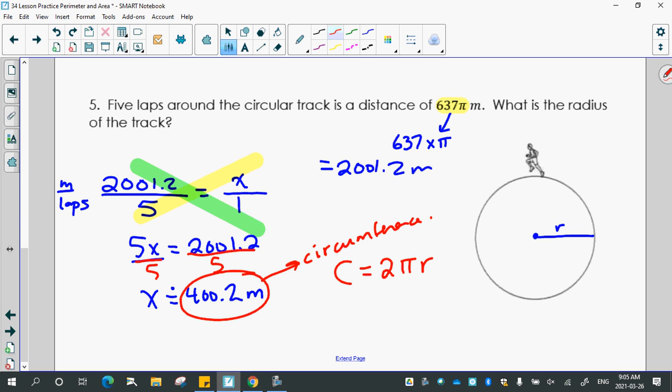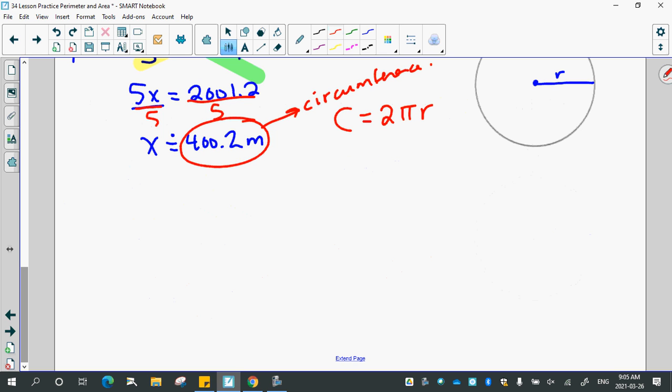You could also use pi times diameter, couldn't you? And then once you've got the diameter, divide that by 2. Okay? You could also use this one. This one, though, I replaced circumference with 400.2, because that's the distance around the outside. And radius is what I want to find.